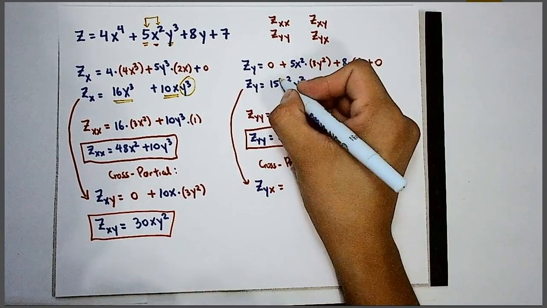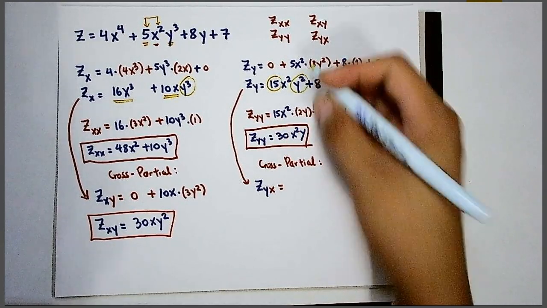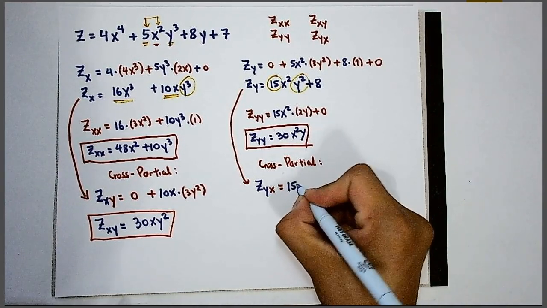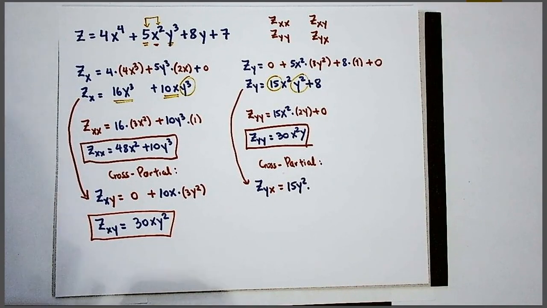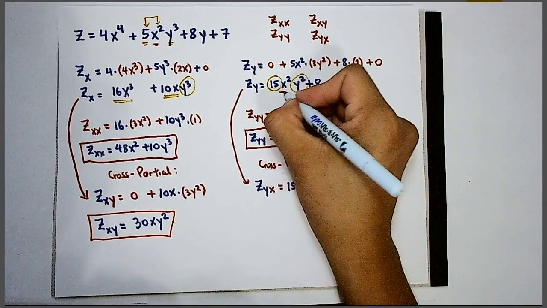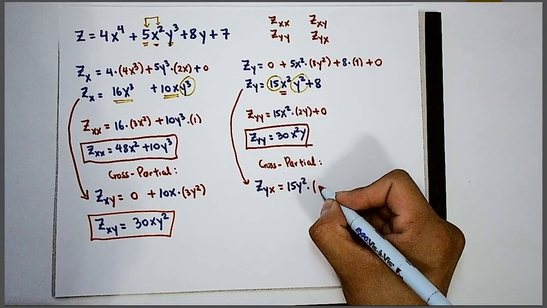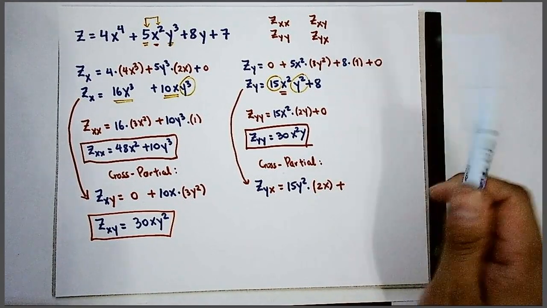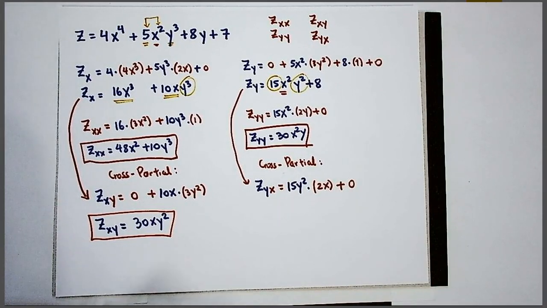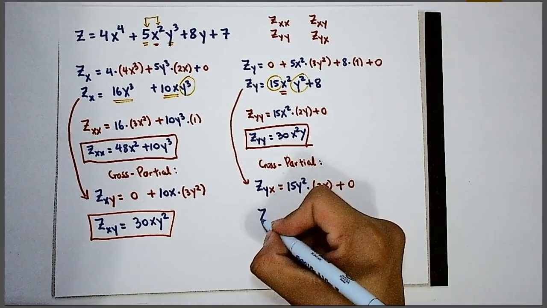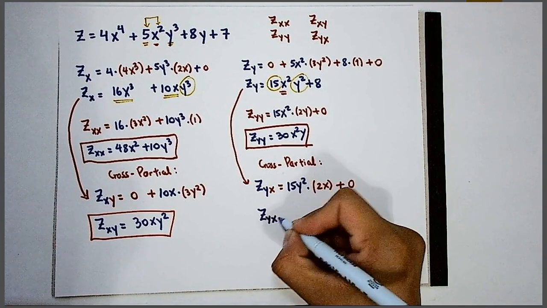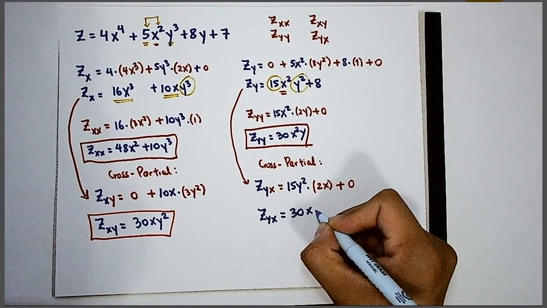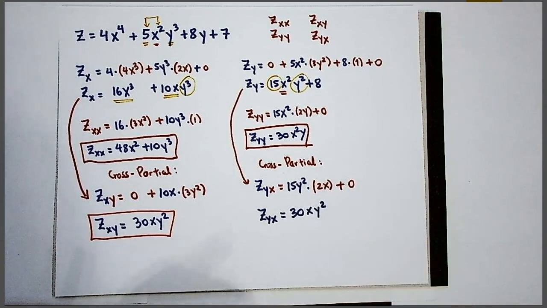So here, 15y squared is a constant part times the derivative of the variable part, which is 2x, plus the derivative of 8 is 0. This is zyx equals 30xy squared.